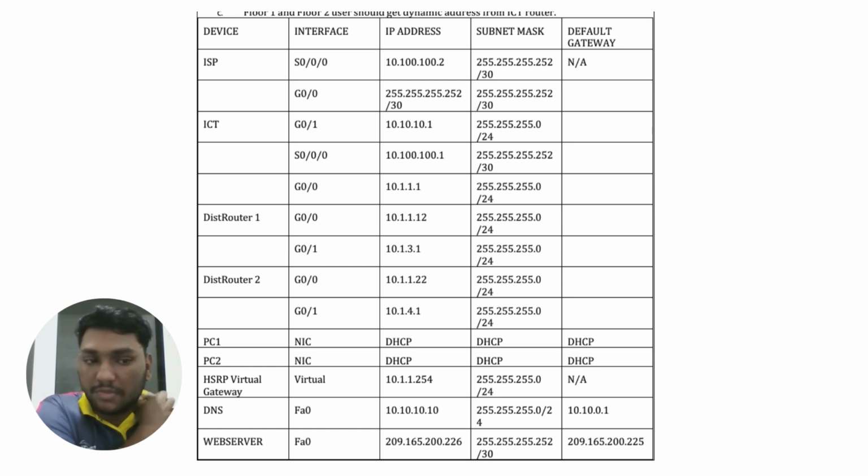For the HSRP virtual gateway, 10.1.1.254. The DNS server and web server are already configured with 10.10.10.10 and 209.165.200.226.